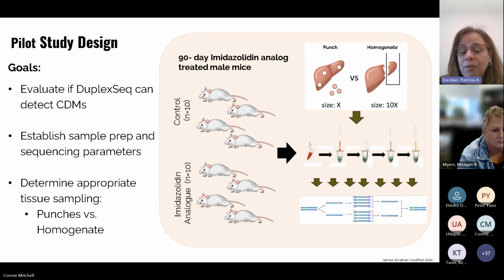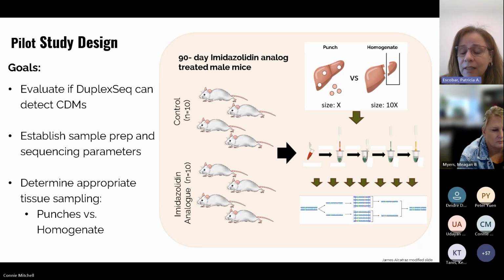There were also thoughts there about homogenate and how to do that. So we decided that for this first pilot study, we wanted to not only understand whether we can detect the clones, but also ask other questions, like do we need the punches versus the homogenate?